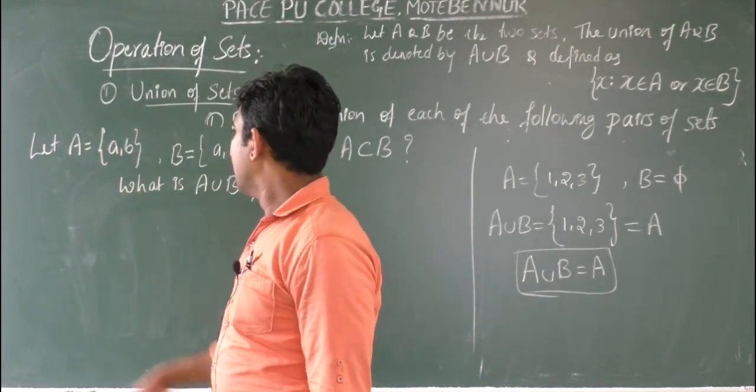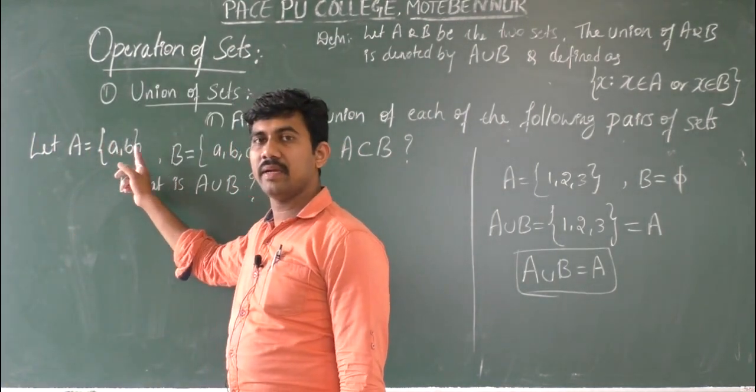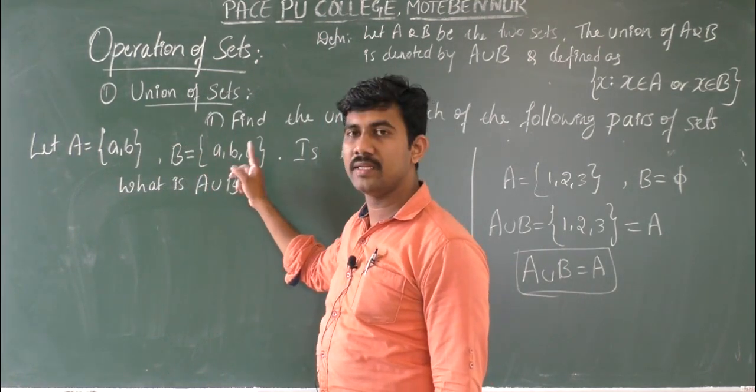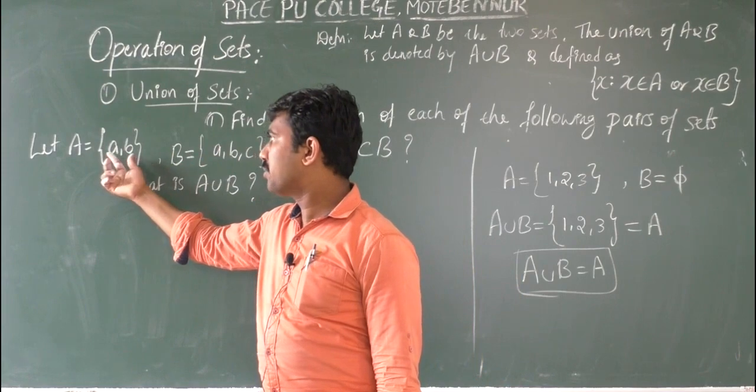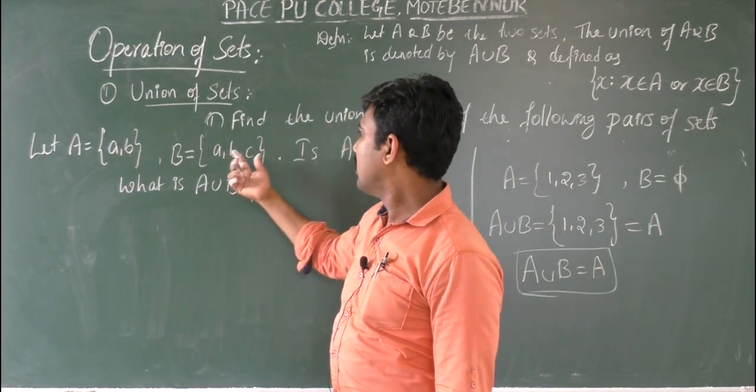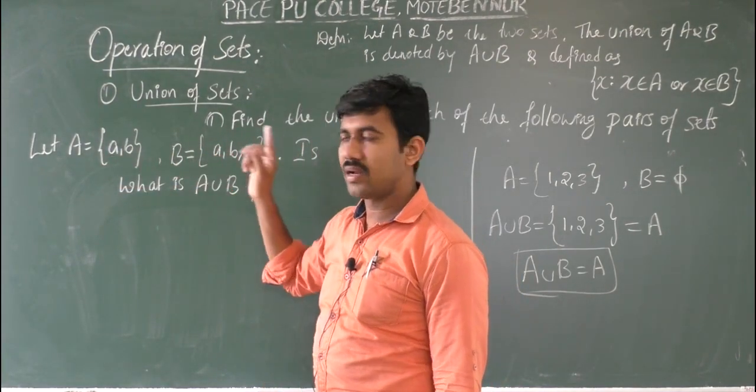See here, the elements of A are what? a and b. The elements of B are what? a, b and c. So we can observe clearly all the elements of A are there in B. Clear?